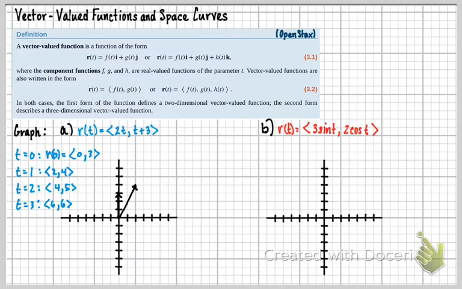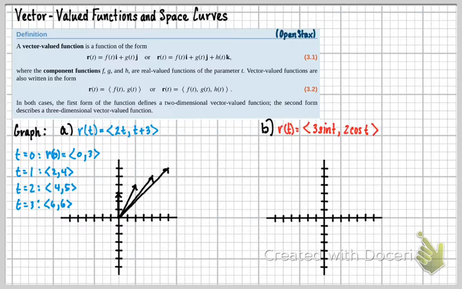And then for <4, 5>, it's going to be here. Oops, I'm going to fix that. Okay. And then the next one's going to be <6, 6>, so that's here. Now drawing all these vectors, I'm going to try to straighten that one out a little more. There it is. That's better.